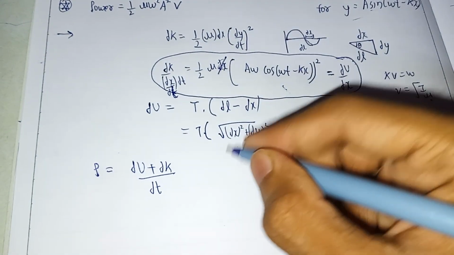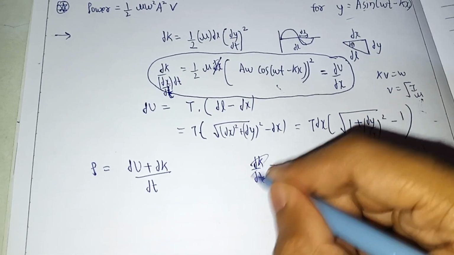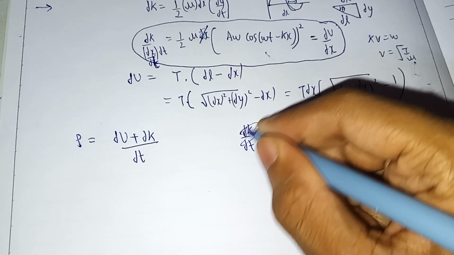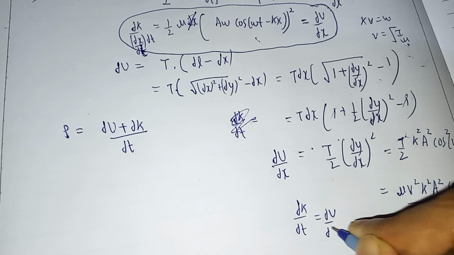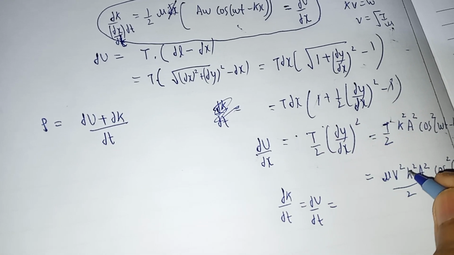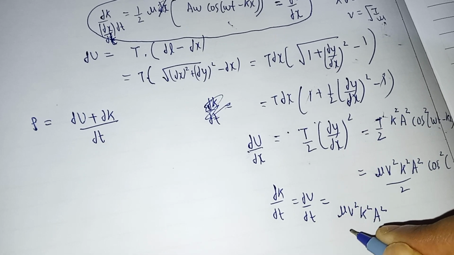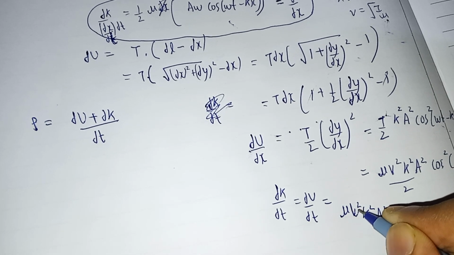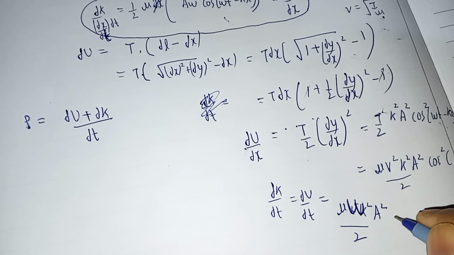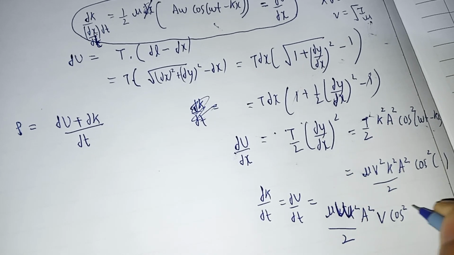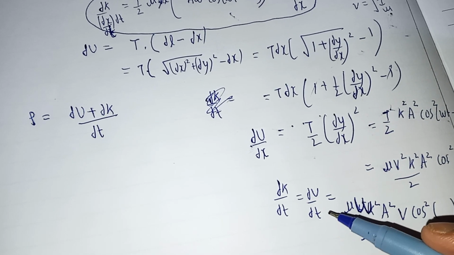So the value of dK by dt, and similarly dU by dt, is mu times v square k square a square, which I write as omega, mu times omega square a square by 2 into velocity times cos square of this.